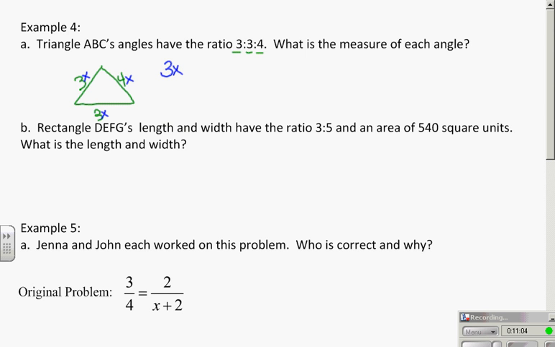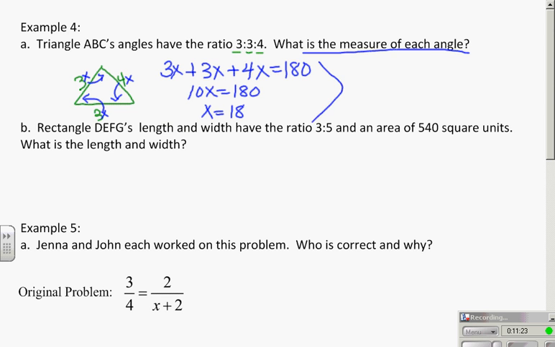And so I could rewrite that, those are angles, 3x plus 3x plus 4x is equal to 180. 10x is 180. X equals 18. It asks for the measure of each angle. So 3 times 18 is 54. 4 times 18 is 72. So my angles are 54, 54, and 72.